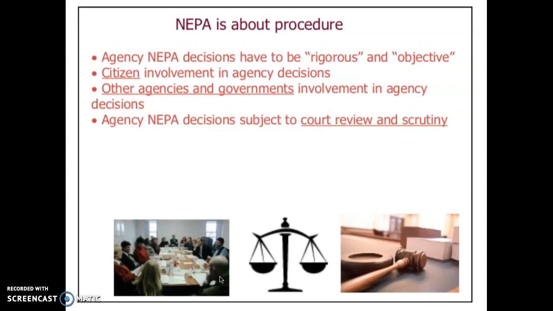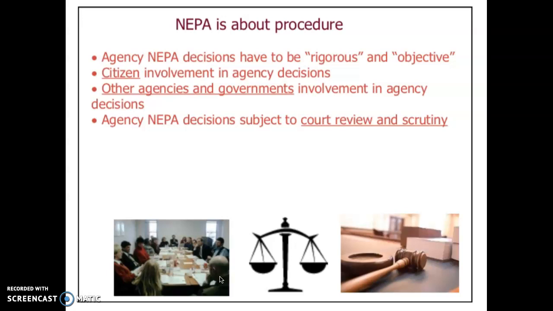So NEPA, as we've repeated again, is about procedure. Agency NEPA decisions have to be rigorous and objective. Citizen involvement has to occur within agency decisions. Other agencies and governments that may intersect with the project also have to be involved with the agency's decisions.